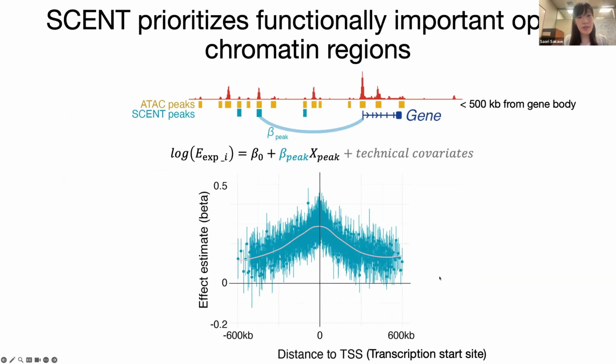And we found that as your enhancer gets closer to the TSS, where some of them are promoters, your effect size, how strongly the enhancer affects gene expression, increases, which is biologically reasonable because you expect the promoter effect to be much stronger than the weaker enhancer effect on gene expression.